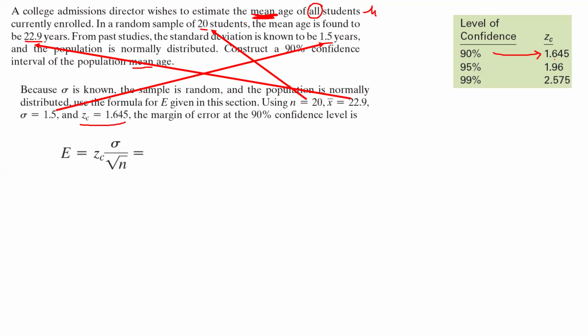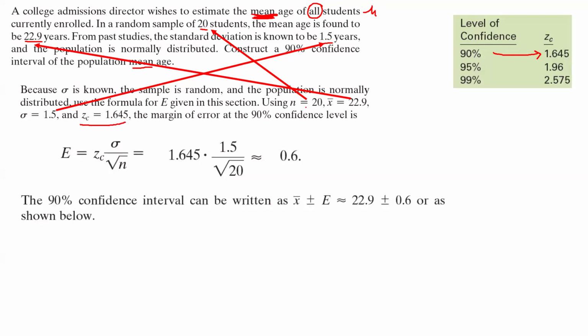From the formula, E is equal to ZC, sigma divided by square root of n, which is 1.645 times sigma. Again, remember that sigma is the population standard deviation, 1.5, divided by square root of n. They had 20 people in our collection, which gives about 0.6. So this is the distance between the population mean and sample mean.